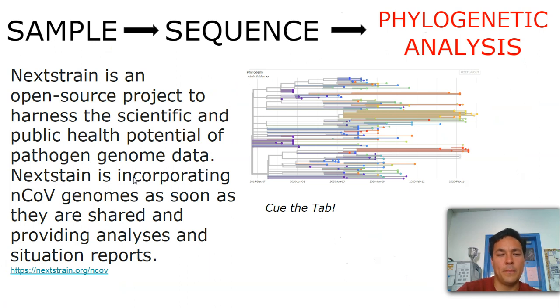Having this stuff open sequence is really important, because as soon as somebody's infected, if they sequence the genome of the coronavirus that infected them, we can try and see where it came from. Think about it this way: once a mutation happens, all of the subsequent viruses from that mutation will have that mutation.